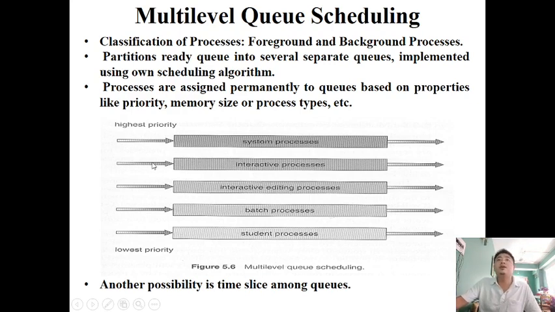Another way is you list all the processes in separate queues based on the nature. Then after that you apply a time quantum instead of priority. Time quantum means, for example, you give 5 milliseconds. A time quantum of 5 milliseconds is given to the processes listed in this queue, the system process queue, to execute.